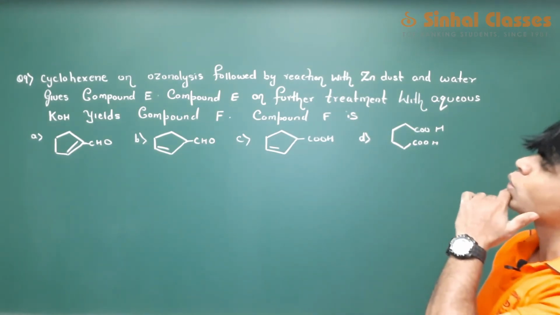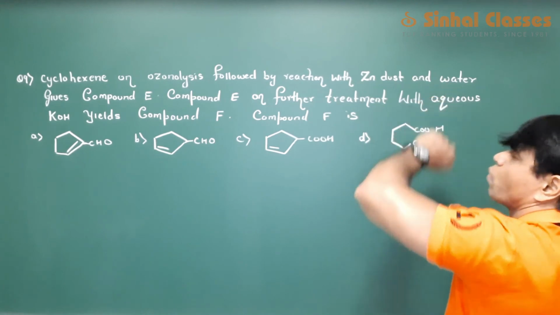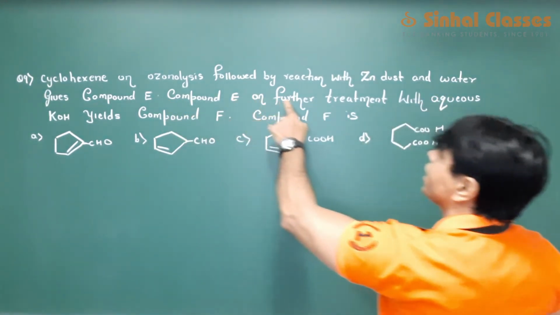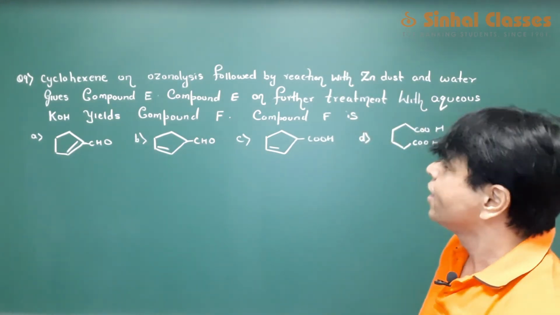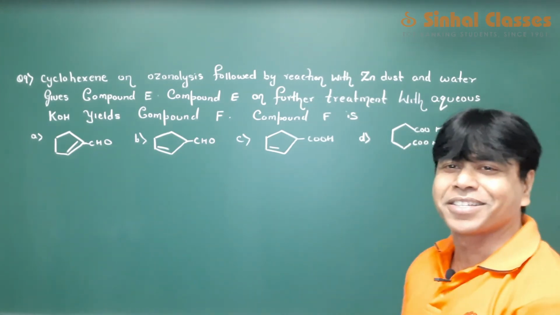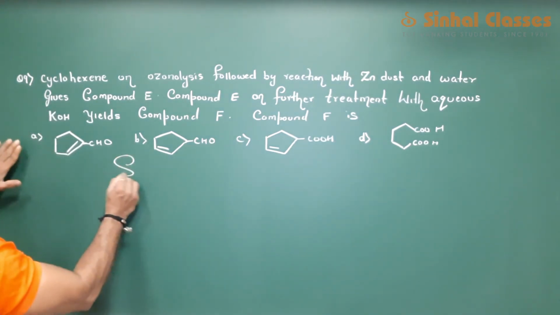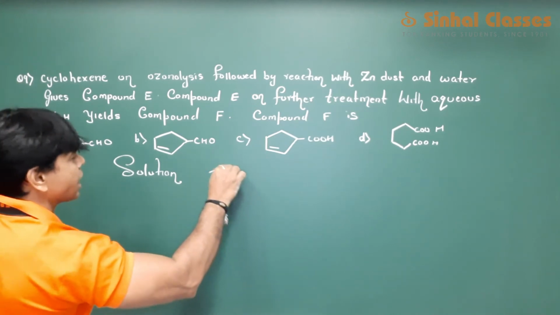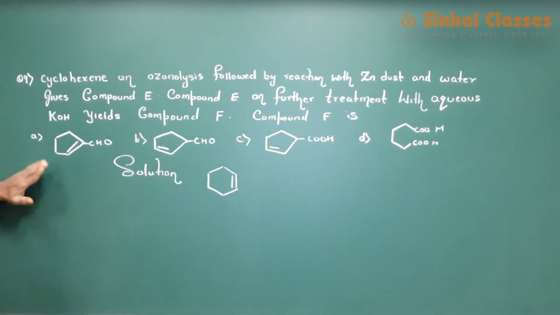Cyclohexene on ozonolysis followed by reaction with zinc dust and water gives a compound E. Compound E on further treatment with aqueous KOH yields compound F. Compound F is... very interesting question. If you see very carefully, this is your cyclohexene.